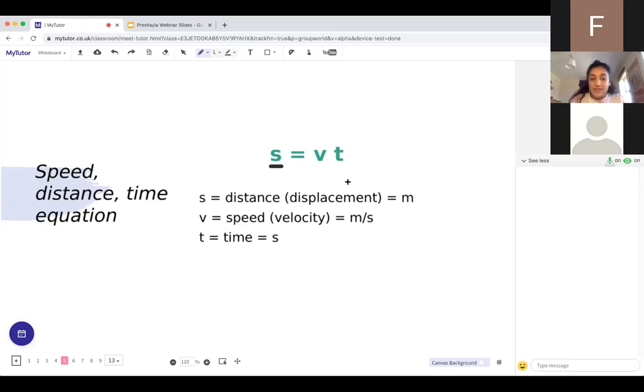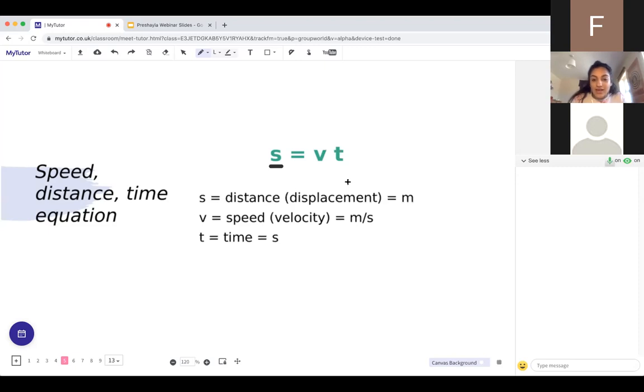So if you were doing this equation with vectors instead of scalars, then distance would be swapped out for displacement, okay? So we can replace distance with displacement. And the letter that we use for displacement is an S. I have no idea why, but the letter that we use for displacement is an S. Okay, so we need to know that S in our equation is distance and not speed.